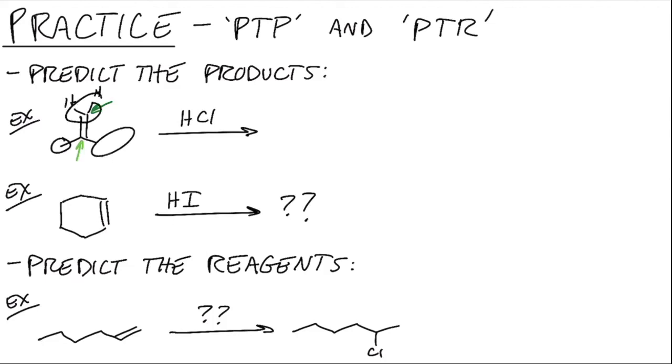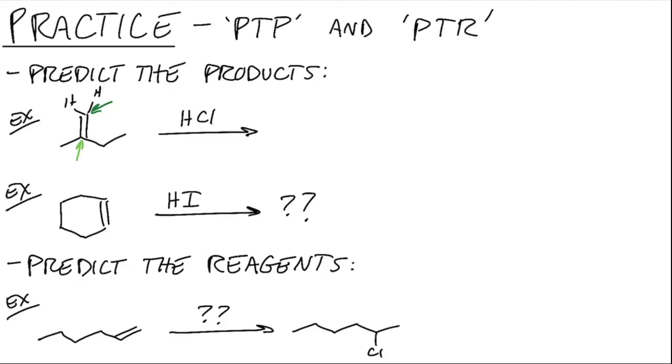So as far as looking for more carbons, it definitely seems like this bottom green carbon has more carbons around it already. So that's probably going to make the most stable carbocation. And again, feel free to draw that carbocation intermediate out here if you'd like. I'm going to just say, okay, I know that the carbocation wants to sit at this position, so I know that the halogen atom is also going to attack there.